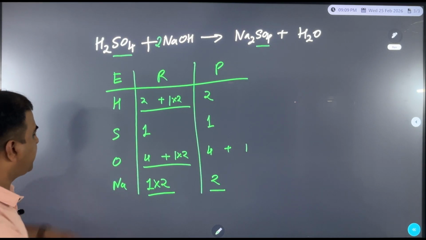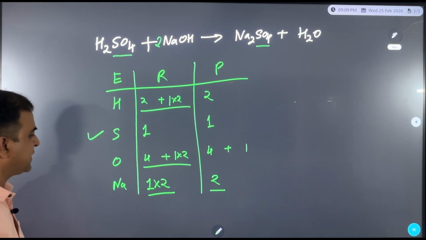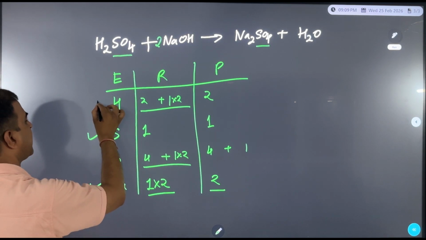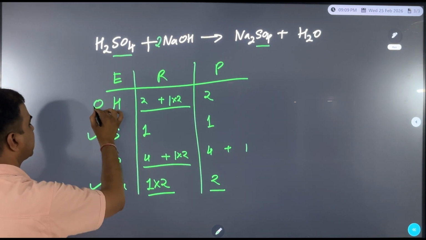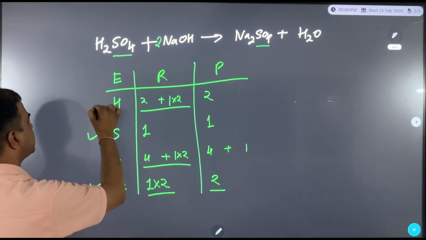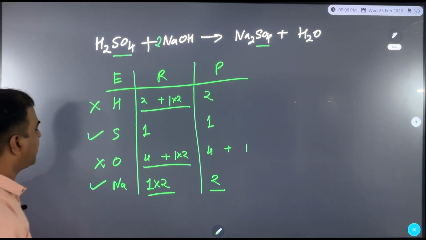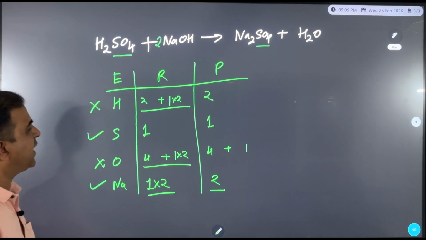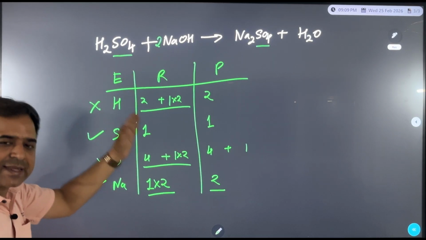So now, your sulfur is already balanced, sodium you balanced. You need to check about hydrogen. You can see this hydrogen and oxygen are not balanced. So check on reactant and product side where it is less in number.